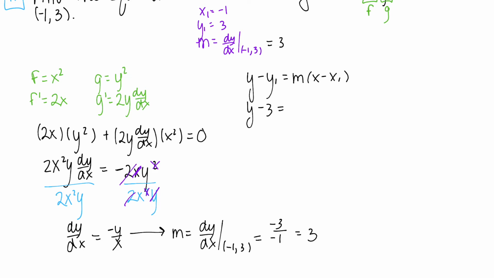So y minus 3 equals 3 times x plus 1. Y equals 3x plus 6 when you distribute and then add over the 3. Y equals 3x plus 6.